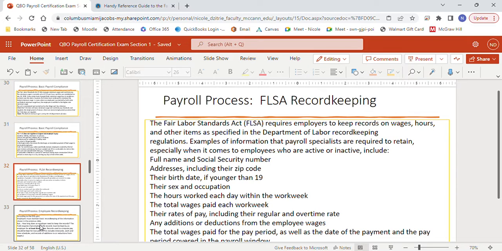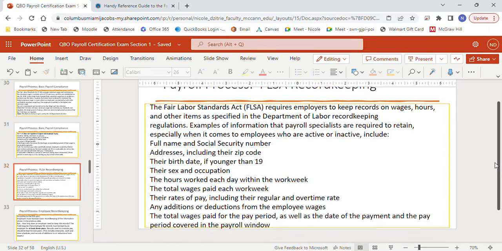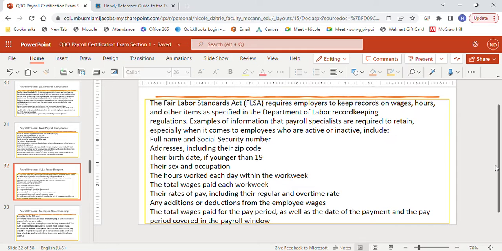Examples of information that payroll specialists are required to retain, for employees who are active or even inactive, include their full name, social security number, their address including zip code, their date of birth if they're younger than 19, their sex and occupation, the hours worked each day within the work week, the total wages paid each work week, their rate of pay including regular and overtime rates, any additional deductions from employee wages, total wages paid for the pay period, as well as the date of the payment and the pay period covered in the payroll window.